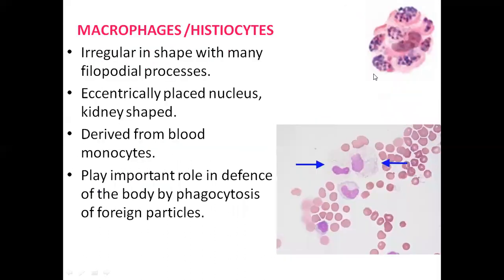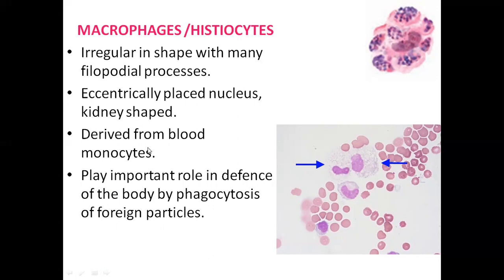Now, after that, we have macrophages. They are also called histiocytes. They are very irregular in shape with many filopodial or pseudopodial processes. The nucleus is usually eccentric, pushed to one periphery, and it is kidney shaped as you can see here. Macrophages are matured monocytes.